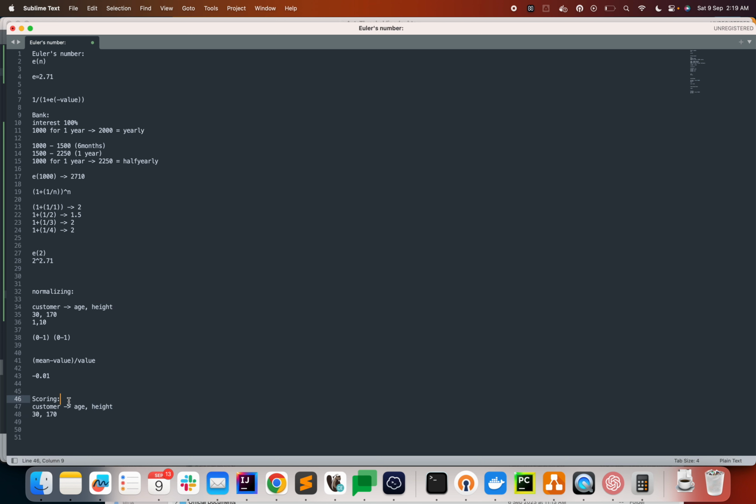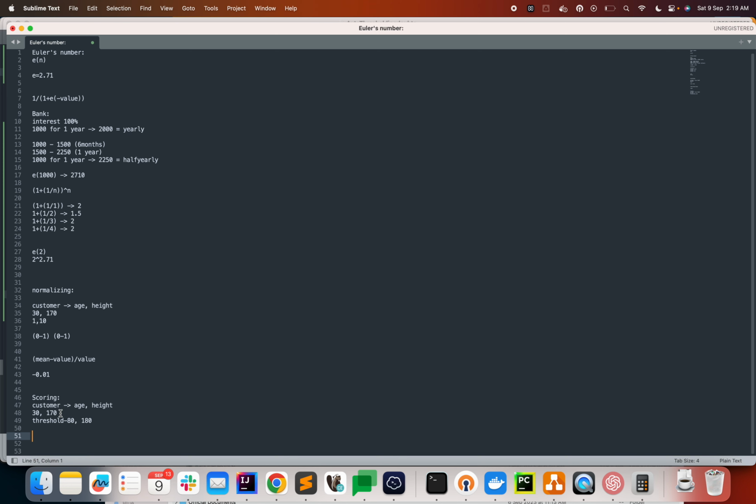So if they need to alert, they need to give us a threshold, right? The threshold age is 80 and the threshold height is 180.